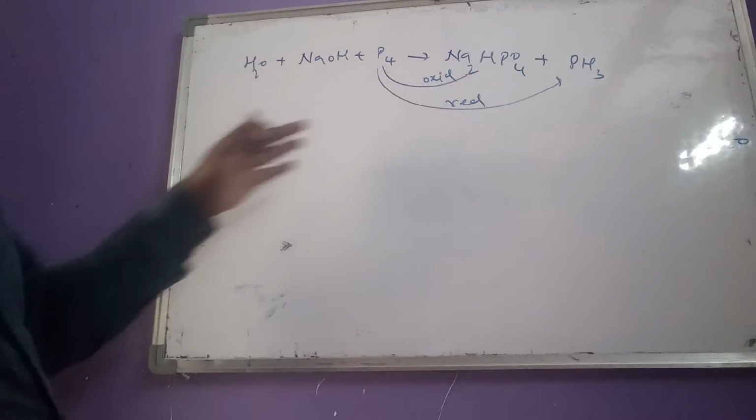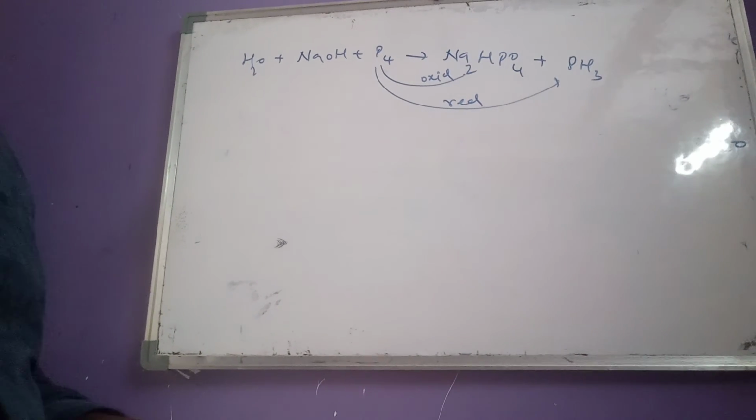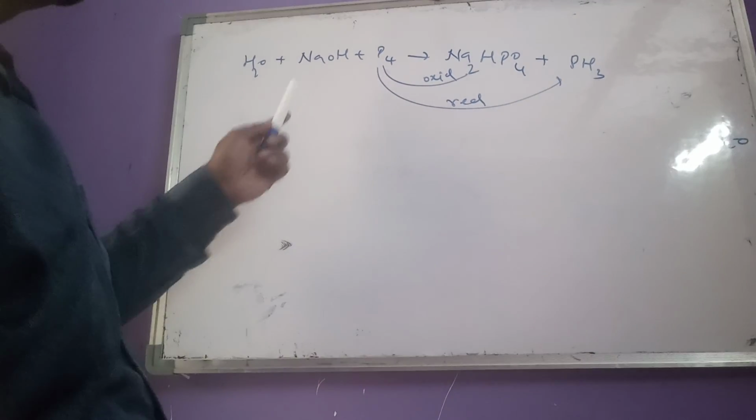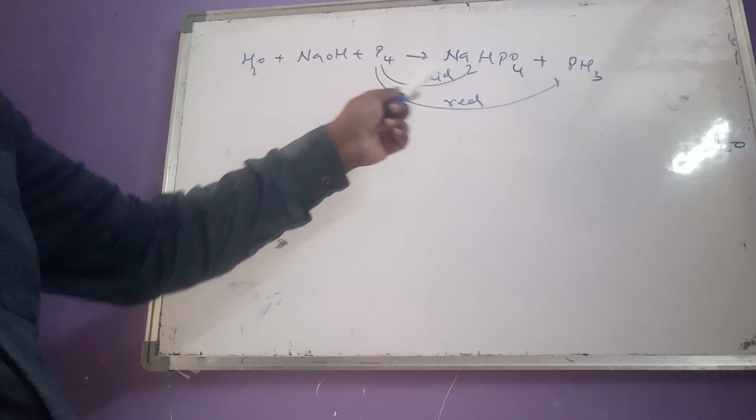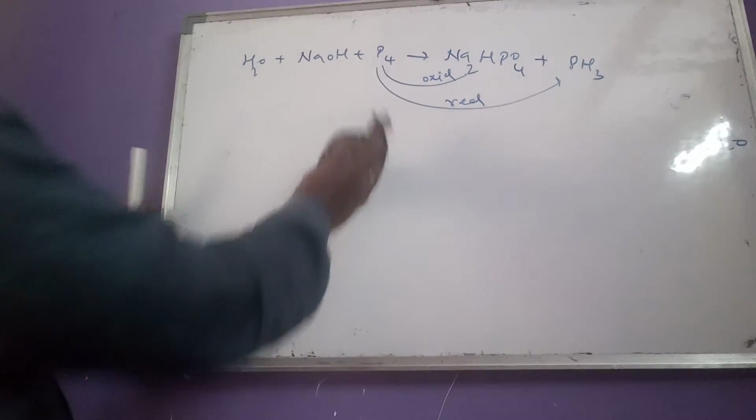So phosphorus undergoes a disproportionation reaction to give phosphine and sodium hypophosphite. This is the reaction of phosphorus with NaOH. So these are the chemical properties of NaOH.